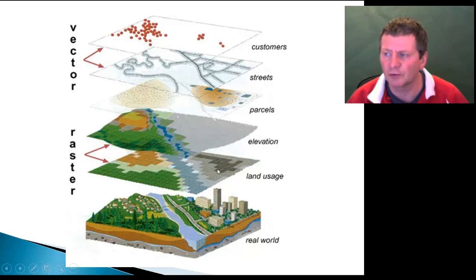So industrial is dark gray, and perhaps lighter gray would be maybe residential area. And then blue for rivers or water features and so on.